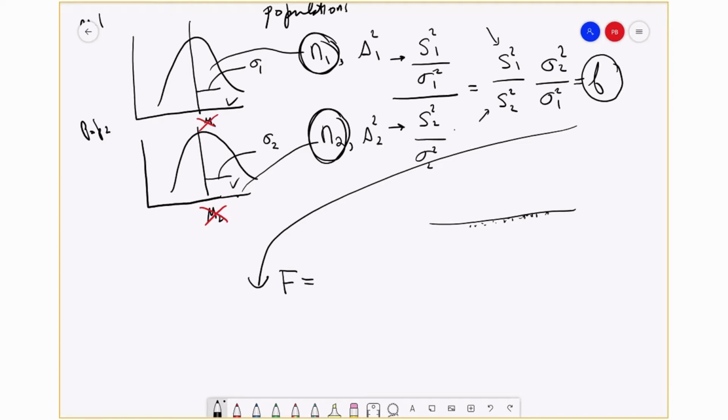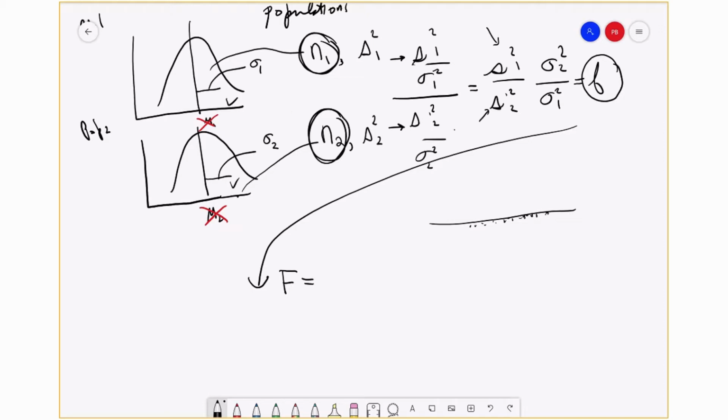And maybe what I should do is go back here for the sake of clarity. I'm going to change all these to little s's, so it makes it better.